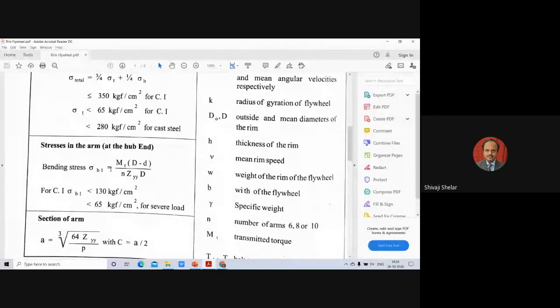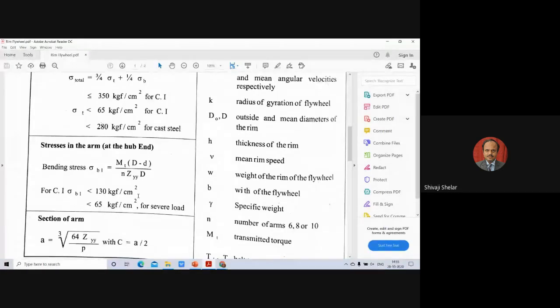Sigma B1 is equal to MT, that is the twisting moment, into (D minus d) upon N, the number of arms, section modulus of your arm, upon D, the mean diameter or maximum diameter of the flywheel. So this sigma B1 value, when we are designing this arm, has to be less than 130 kgf per centimeter square.